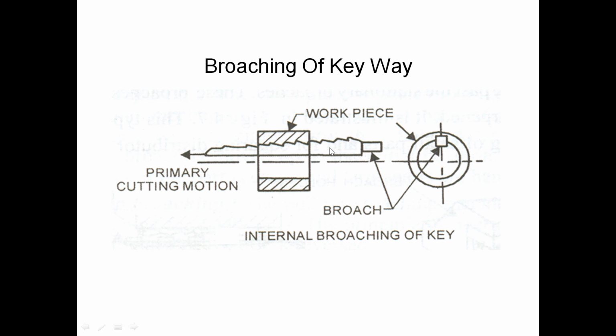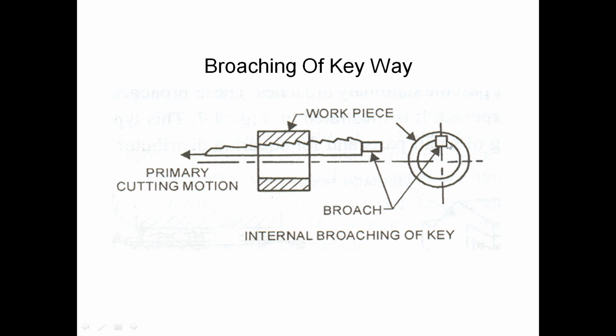With the help of a broach tool, this will be the workpiece. Of course this will be the hole. On the top of the hole we can see some part of the workpiece will be removed.